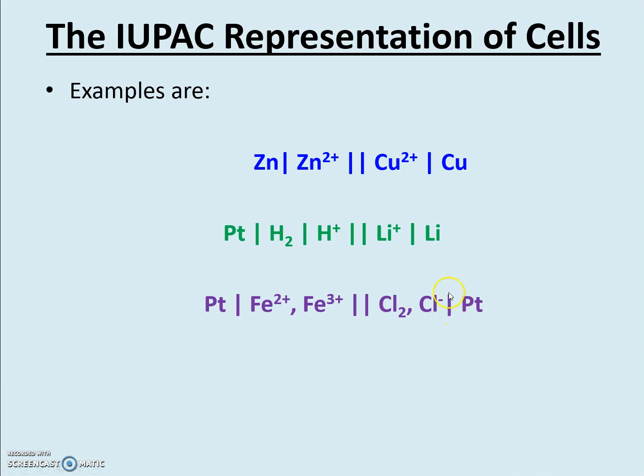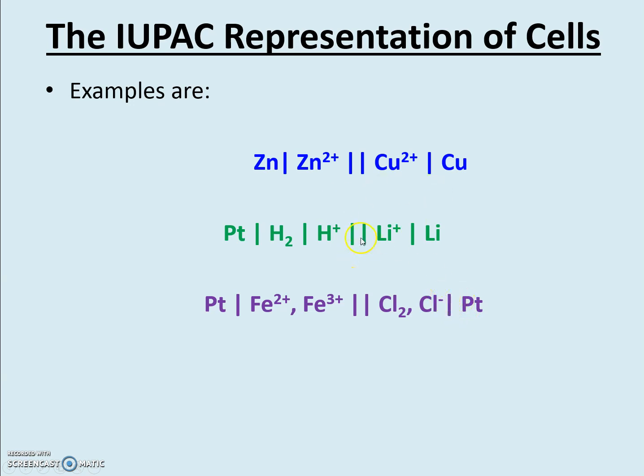So here, because I've separated the chlorine and the chloride with a comma, I'm indicating that the chlorine is aqueous at this point. Again, we've got two platinum electrodes here.